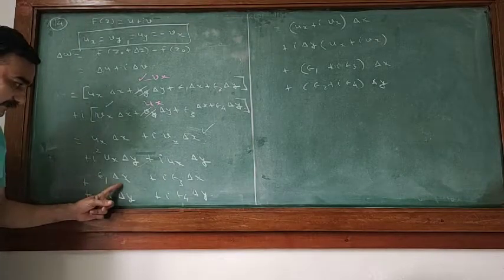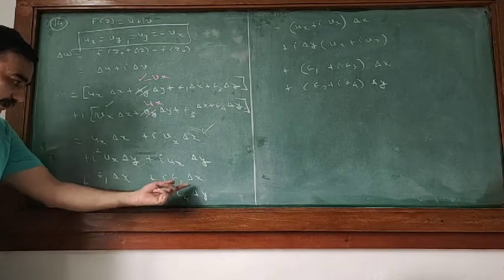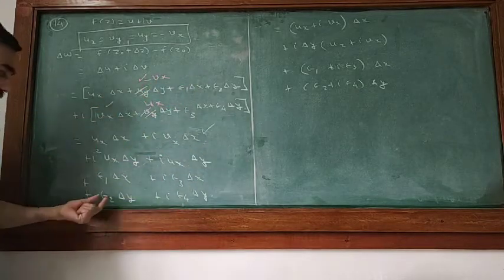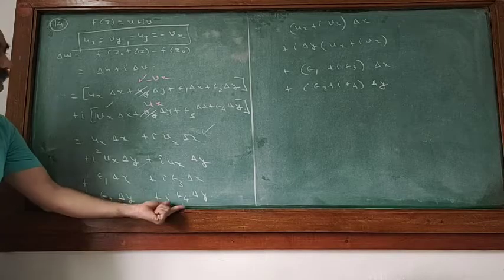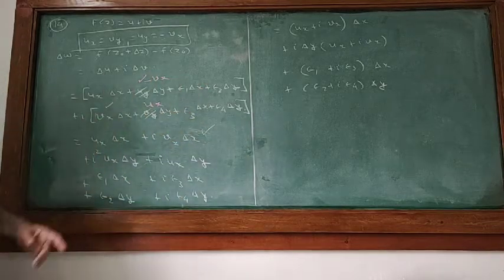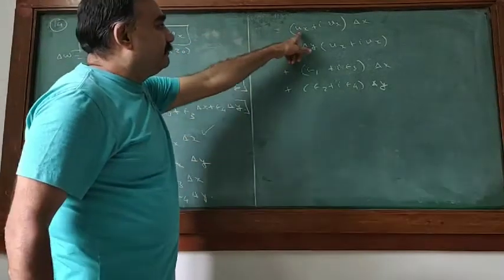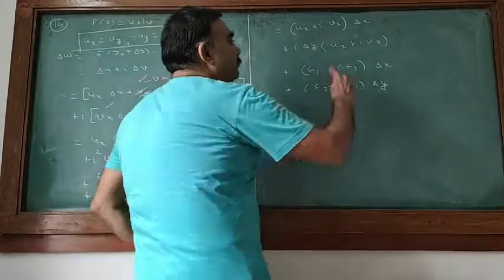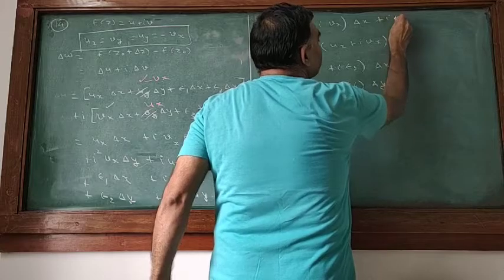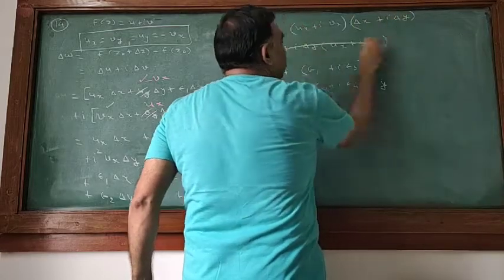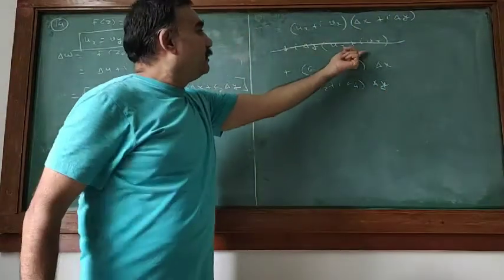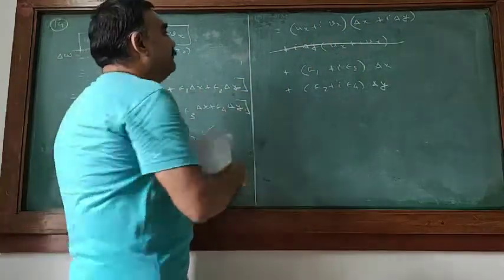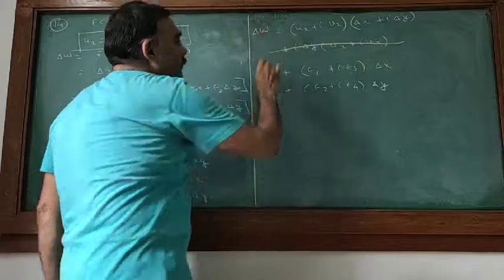Epsilon 1 delta x, i epsilon 3 delta x. So I am taking delta x in common. So epsilon 1 plus i epsilon 3 times delta x, epsilon 2 plus i epsilon 4 times delta y. Now you find that you can make ux plus i vx common also. So if we take this term in common, it is delta x plus i delta y. On this side we have delta w.